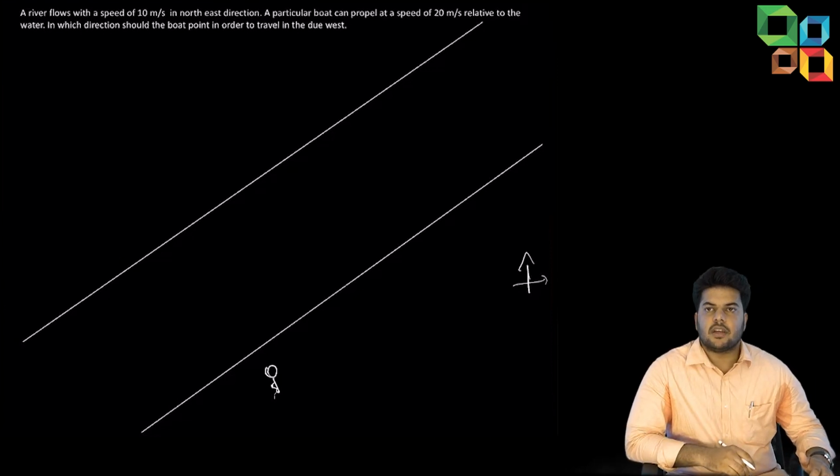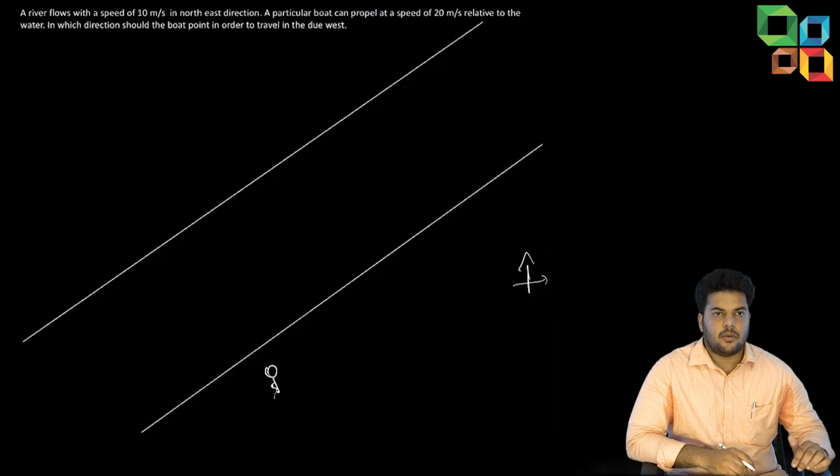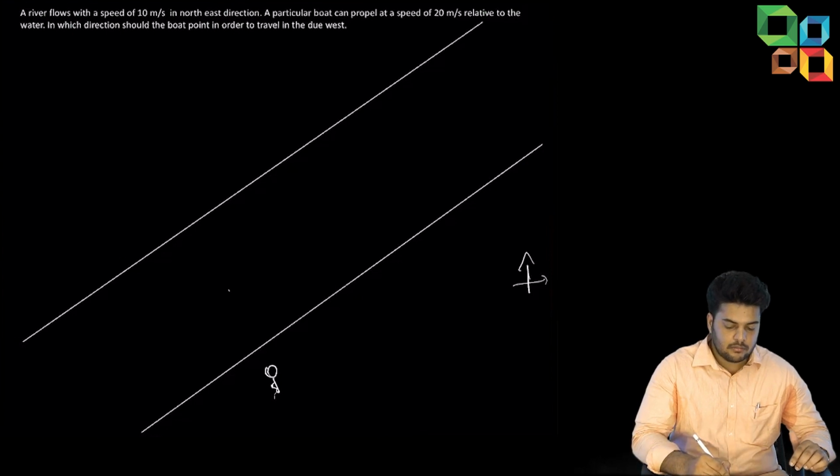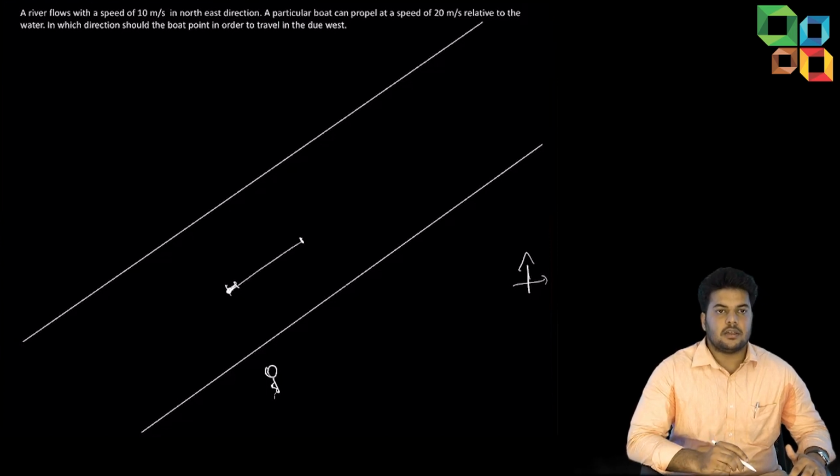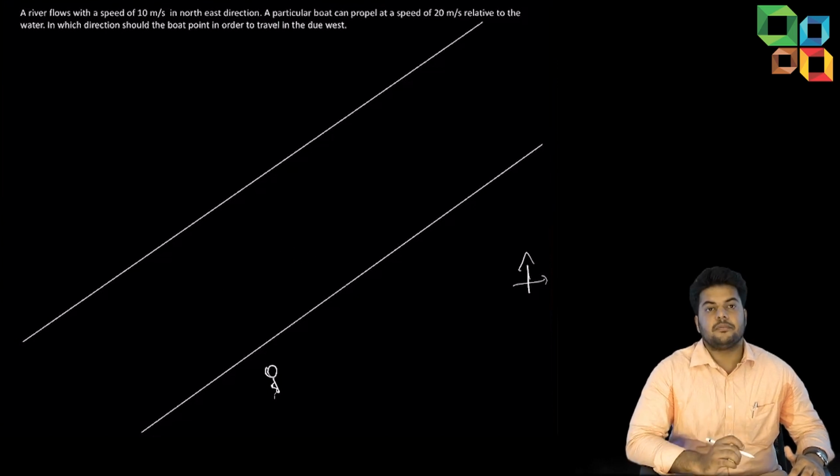What moves 10 meters every second? The water. So if you put a stick over here, or any floating device, in 1 second, how far will it be? 10 meters. That's what it means. That is very fast.